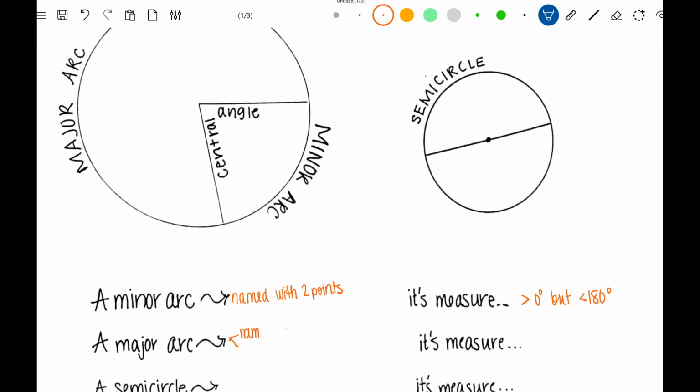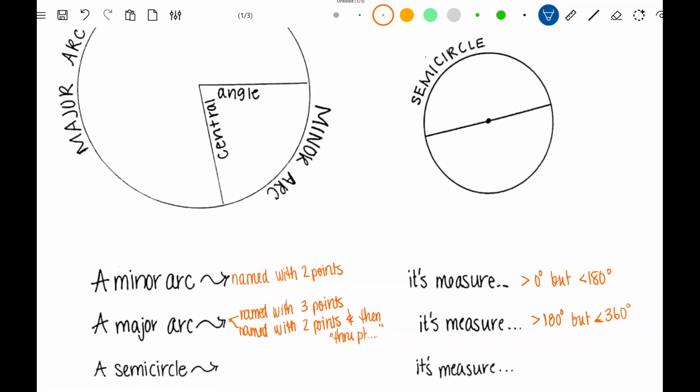It can be named with 3 points, or it can be named with 2 points and then a statement that says through point A or point B. A major arc is greater than 180 degrees but less than 360 degrees.